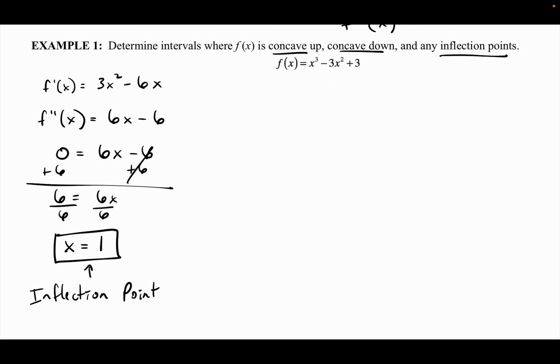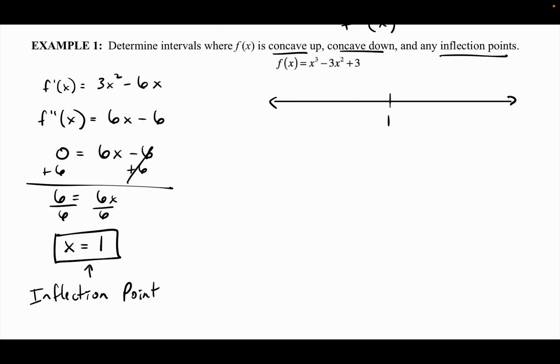How do we do that? Well, draw a number line. We only have one inflection point, so we're only going to put one value on there. We're going to do the same exact thing we did with the first derivative test. We're going to pick a number bigger than 1 and a number less than 1. Which derivative are you using?